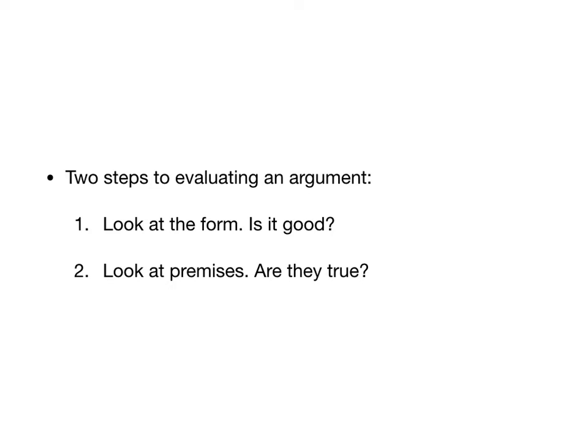Look, you can kind of think of an argument as a structure, as something that's supposed to support this conclusion, right? And if you want to build something that's going to stand up, especially something that's going to support some weight, you want the pieces to fit together in the right way. If they don't, no matter what you make it out of, it's going to fall down, it's not going to bear any weight, right? But you also want it to be made out of good material, right? You can take cardboard or balsa wood, the stuff they make those little gliders out of, really light, really flimsy. You can put it together as well as you want. It's not going to support a lot of weight, right?